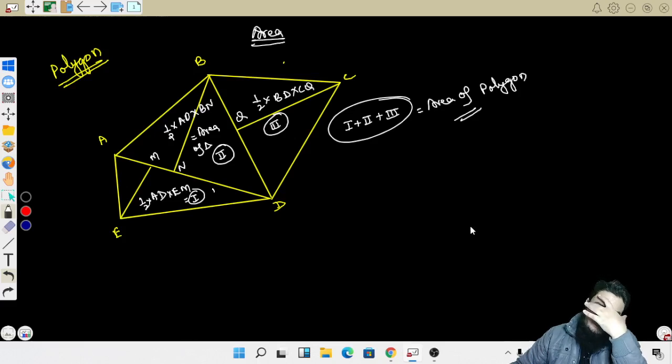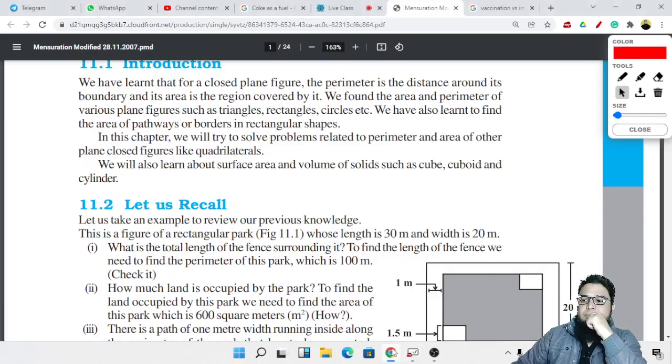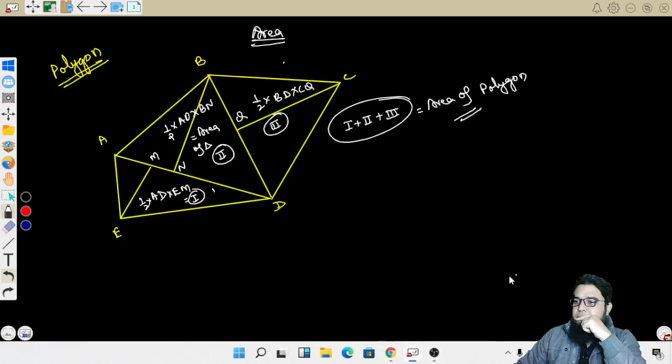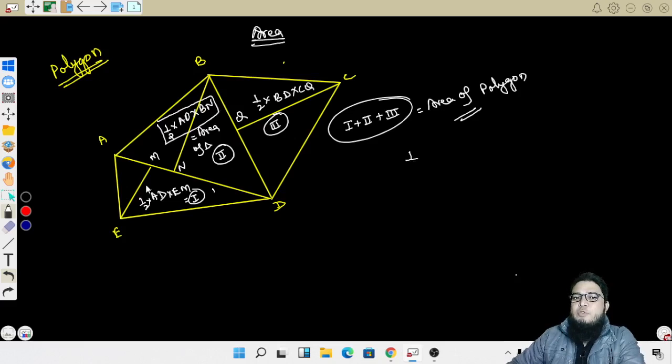Yes, Moimin. Actually, beta, obviously this is the same formula. You don't have to just copy it like this. I'm just giving you an example. It is talking about half into base into height, a formula that we had already discussed.